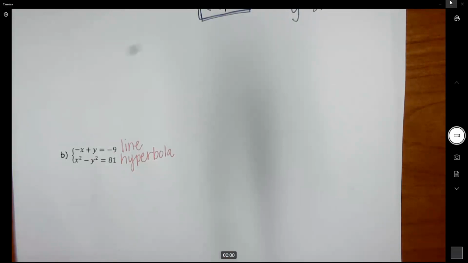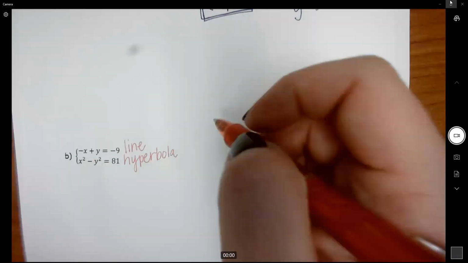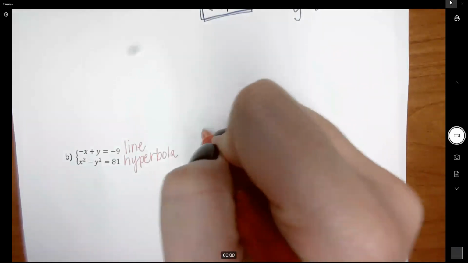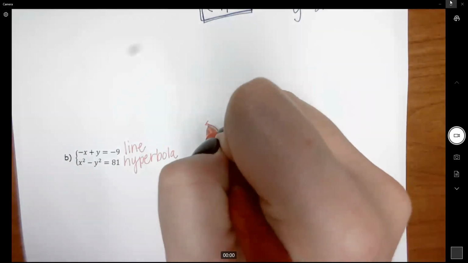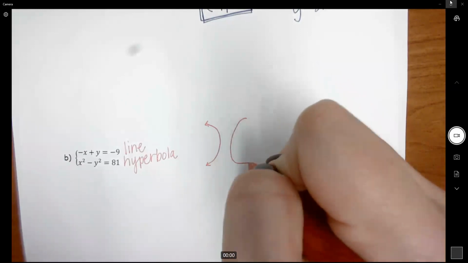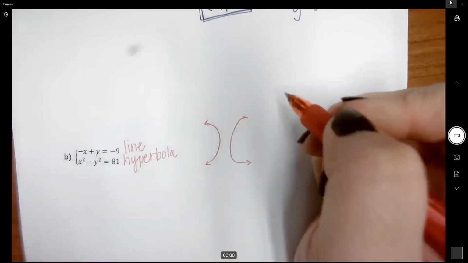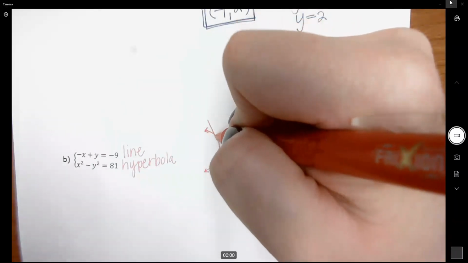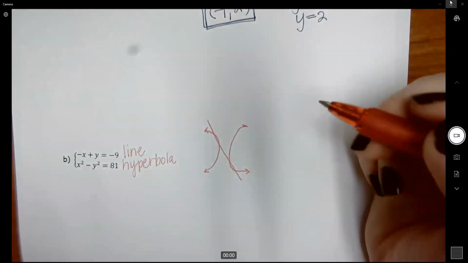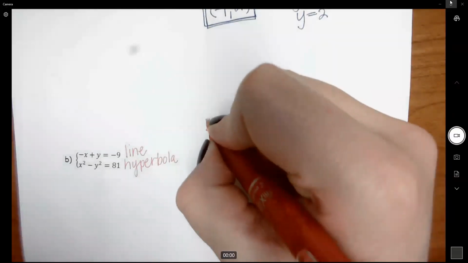So let's think about how many solutions we could have. And I think if you go super wide hyperbola, you could maybe get 4 solutions there.